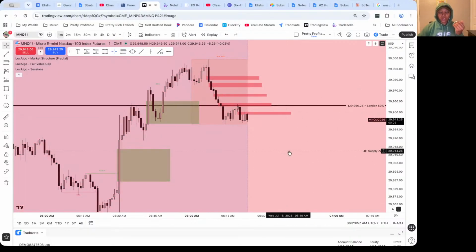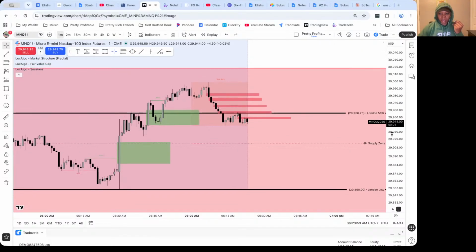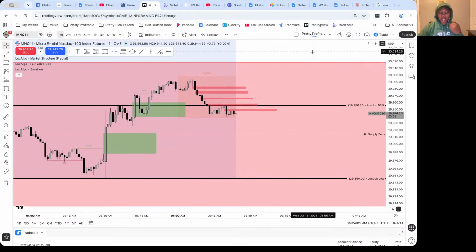We are currently literally sitting in an entire supply zone. This is new for me, because normally when I've been getting on the charts, the price action wasn't already inside of a zone.